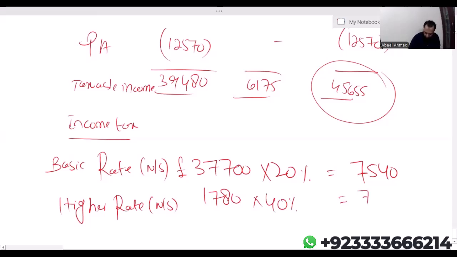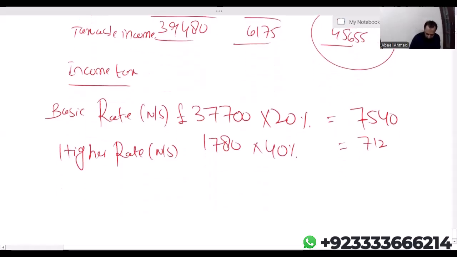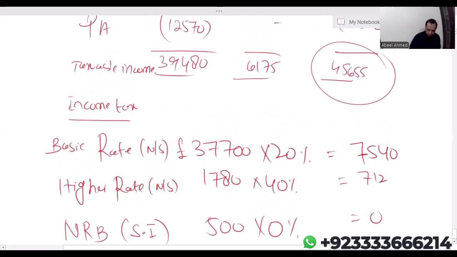Now listen carefully. This individual is a higher rate taxpayer. Whoever is a higher rate taxpayer gets a nil rate band of £500 for the saving income. Now, students, this individual, Kia, has saving income to be taxed of 6,175.